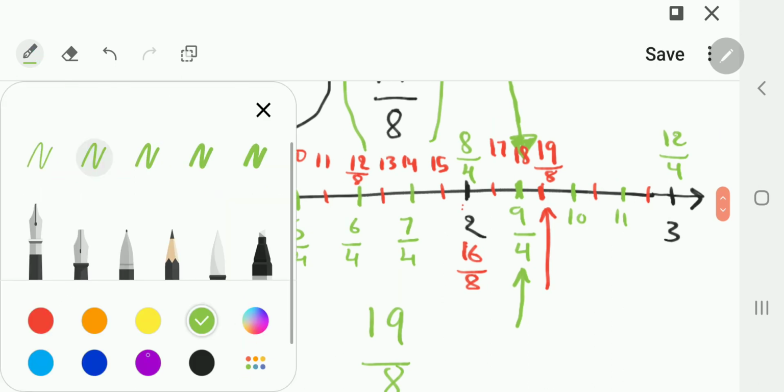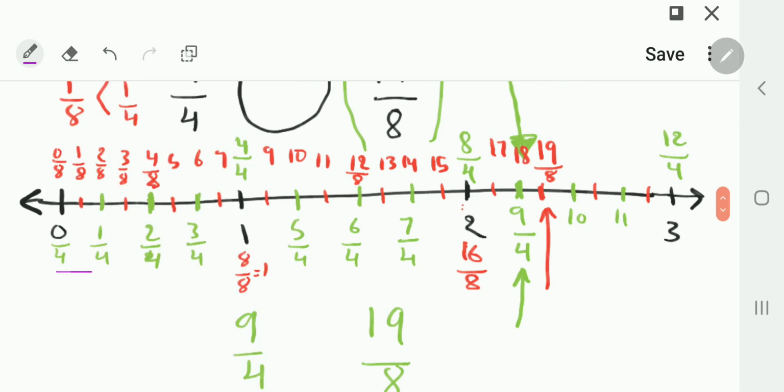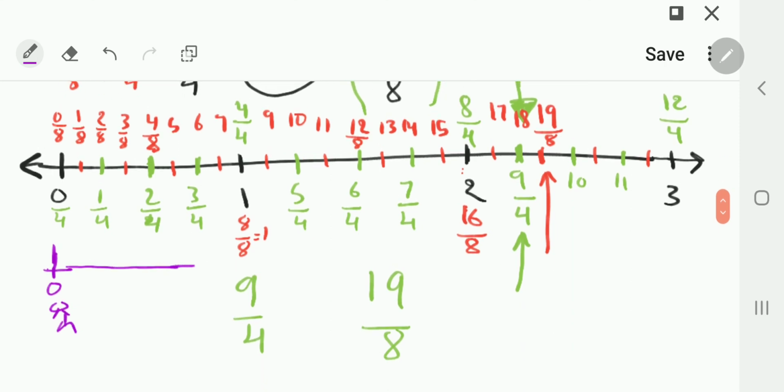For example, if you're traveling from here, let me use a different color so that it doesn't become very confusing. Let's say you're traveling from here. This is your starting point. And then you're walking all the way here. Which point are you going to reach first? You're going to reach 9/4 first, which is here.